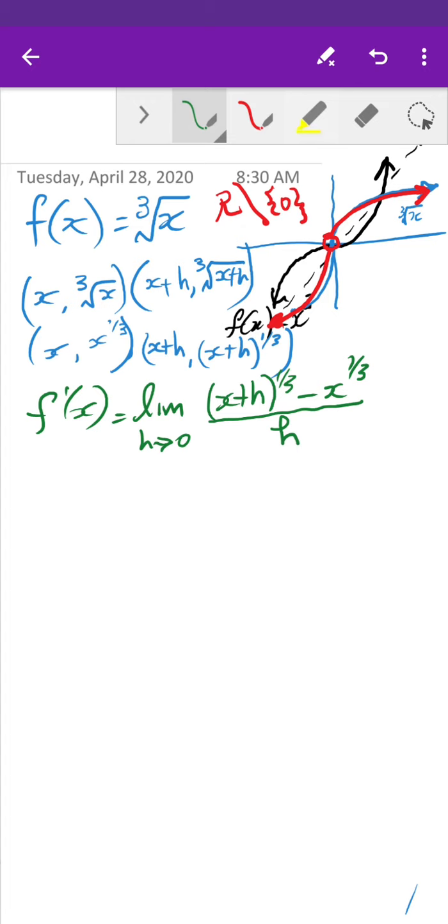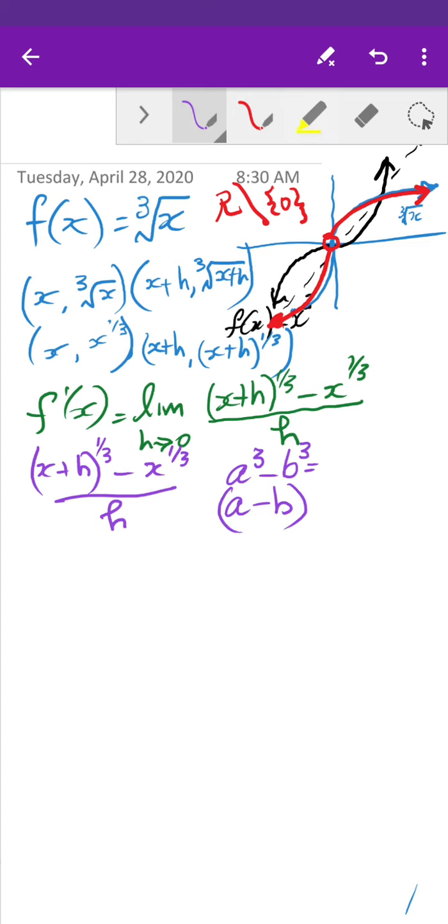Okay, so I want to look at just the numerator. Let's write the numerator: x plus h to the 1/3 minus x to the 1/3, over h. Now we're going to use the rule a cubed minus b cubed equals a minus b times a squared plus ab plus b squared.